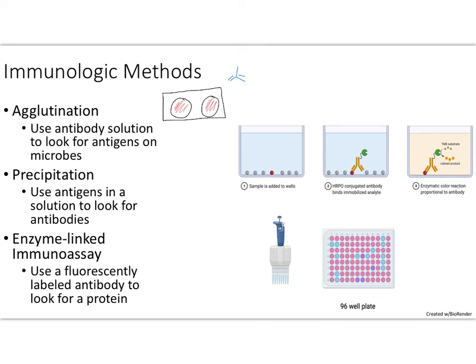Those signs and symptoms that people develop when they get those infections can be very similar. So we want to know if our patient has Salmonella or E. coli. Let's just start out assuming they have one of these two diseases. So we will create antibodies to Salmonella, and we'll say those are the ones in blue here. We'll create antibodies to E. coli, and those are going to be the ones in green here.